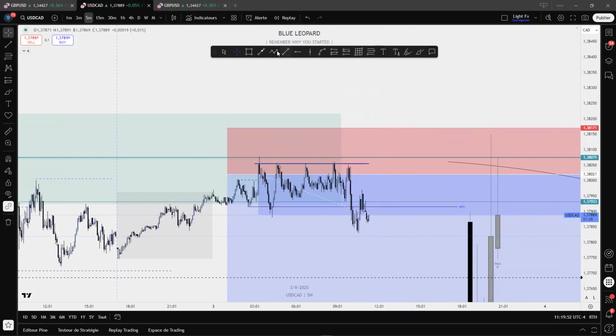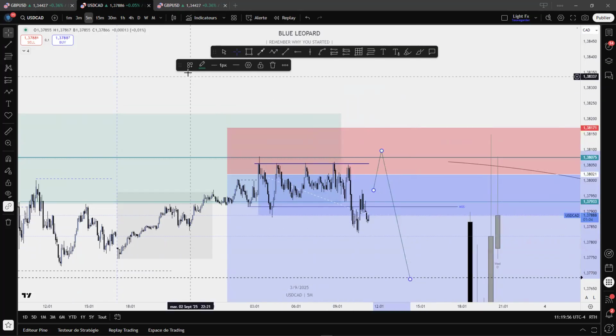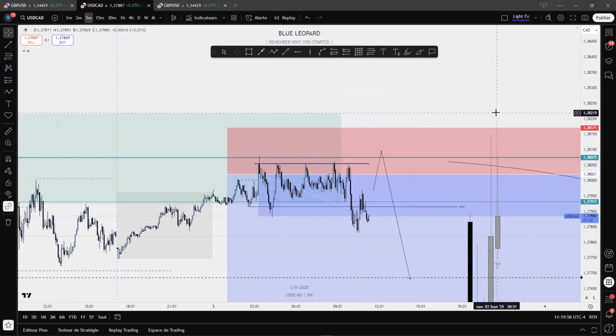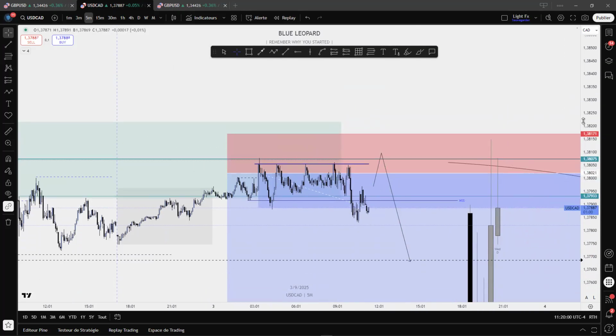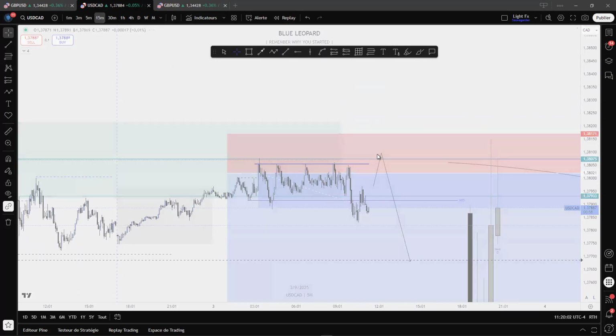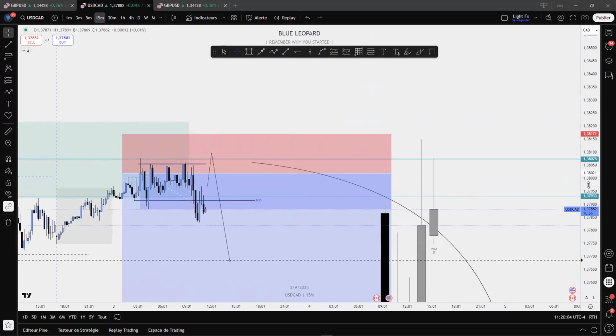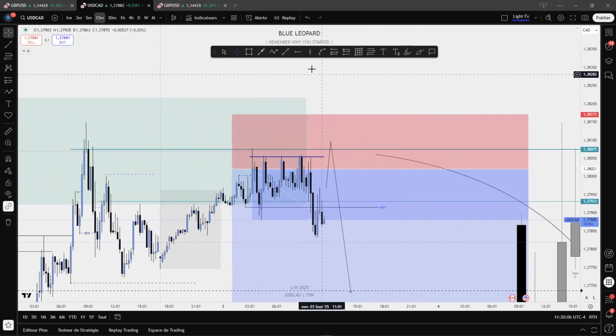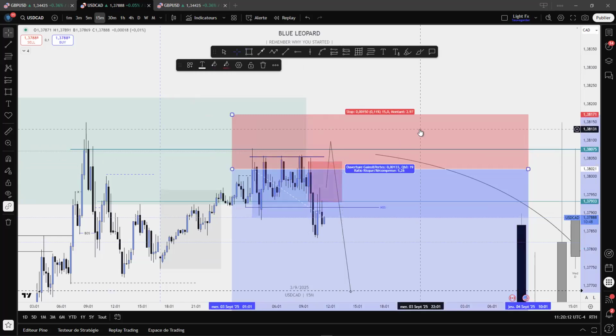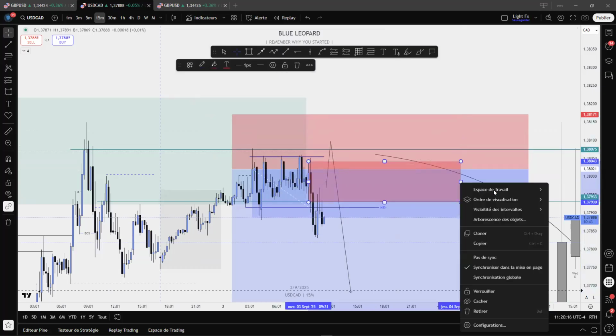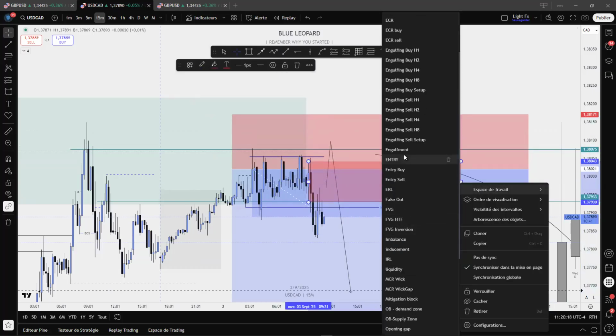Okay, something like this. This is what I need to see here before I confirm that I can sell. But I also have an M15 entry point, which is here. Okay, this one, and it's a sell zone.